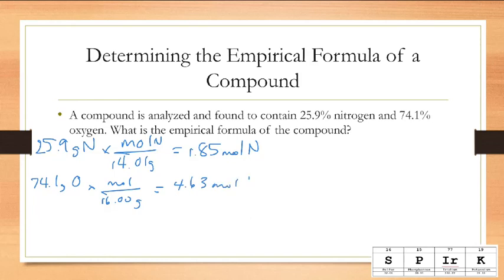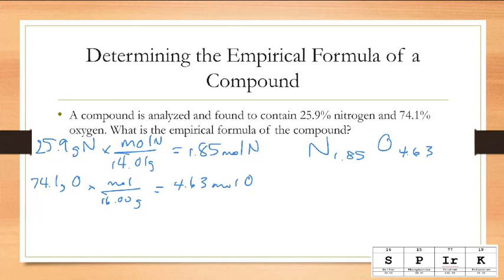Now we can't write our empirical formula as N1.85O4.63. So what we need to do is divide each molar quantity by the smaller number of moles to get 1 for that element.